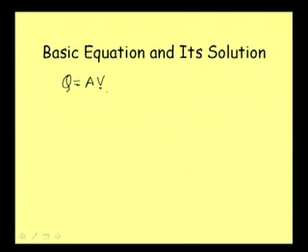Right now I will be using Manning's equation for all these calculations, and of course you can have Chezy's equation also. Now, Q is equal to area into velocity. This velocity, using Manning's equation, we can write as 1 by n, then R to the power 2 by 3 and SB to the power half.